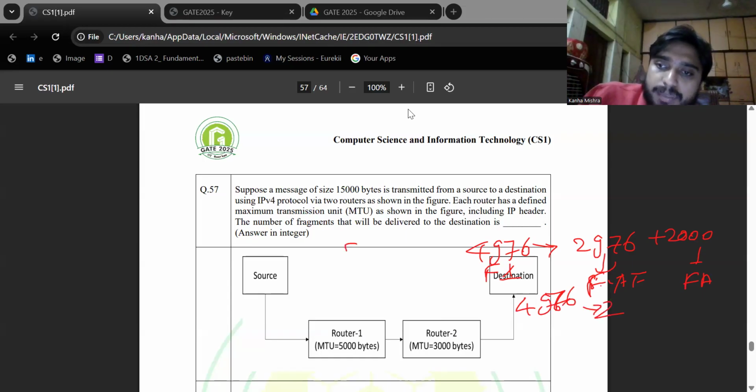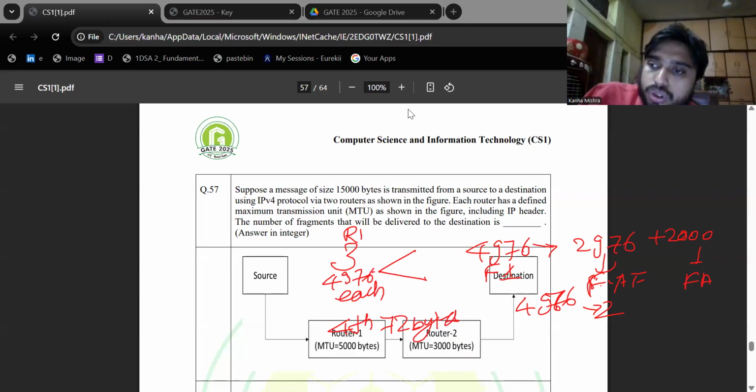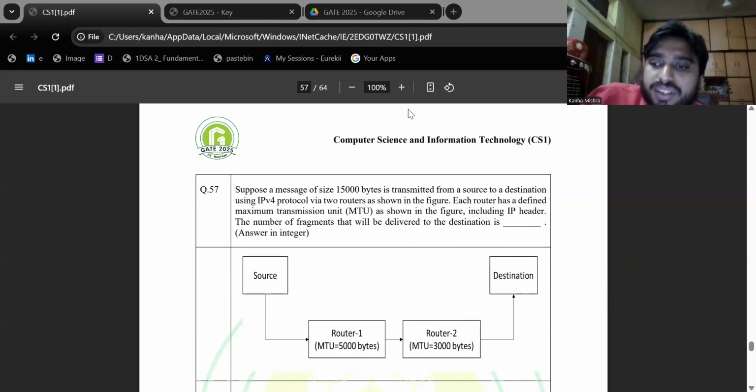So three fragments of 4976 each from router 1 will each break into 2, so 3 into 2 becomes 6. Total 6 fragments will come out.